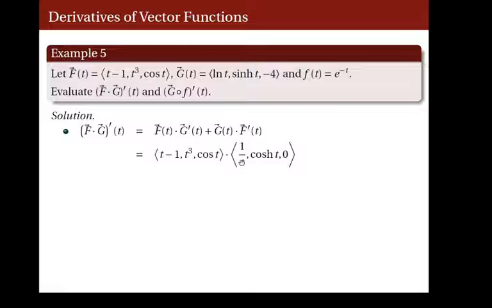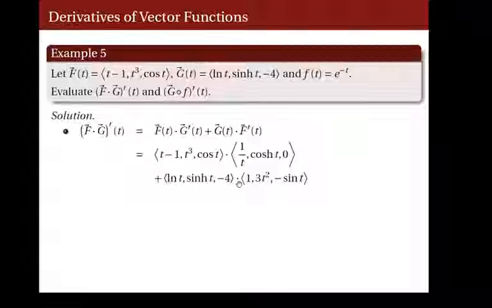We add the result to the dot product of g with the derivative of f, which is 1, 3t squared, and negative sine of t.